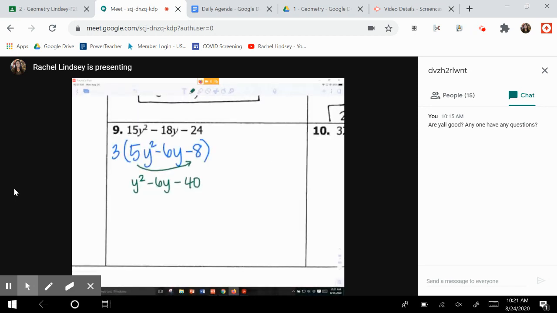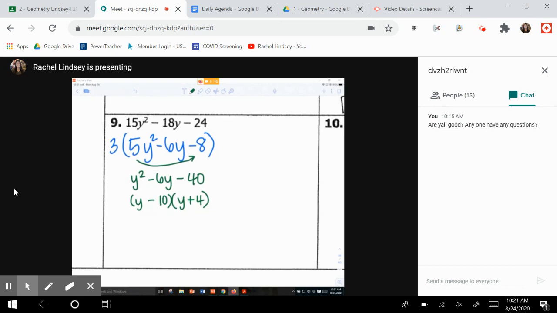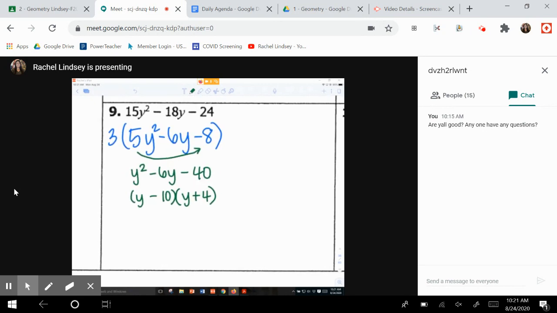Okay, what two numbers multiply to give you negative 40 and add to give you a negative 6? Negative 10, positive 4. Now what do I need to divide by? 5.